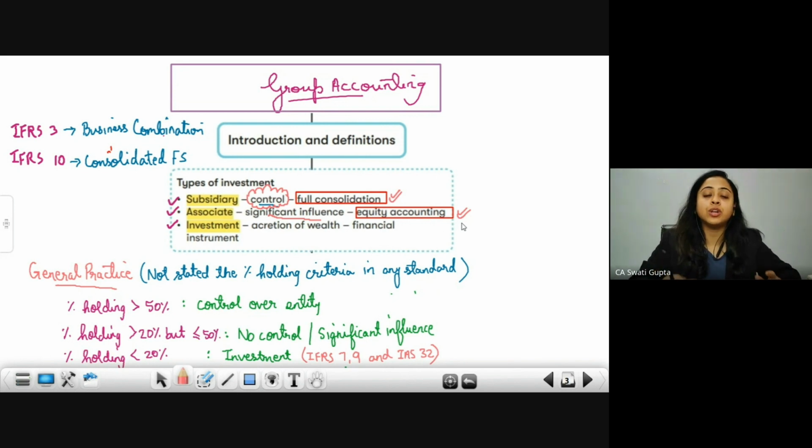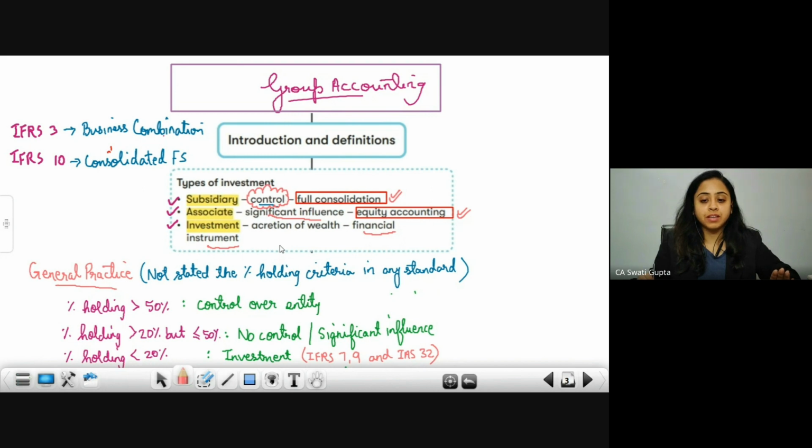And therein we are required to record it as a financial instrument. This is a simple overview. Each and every terminology we'll be reading.